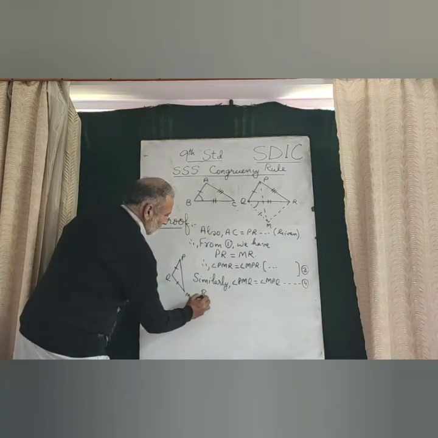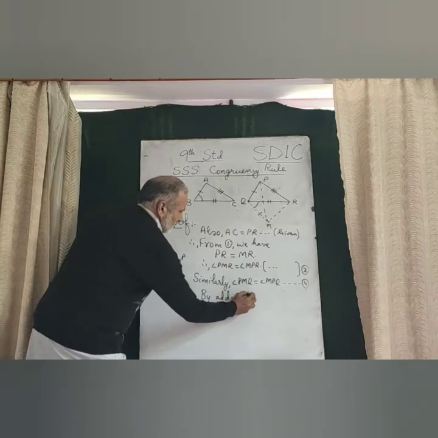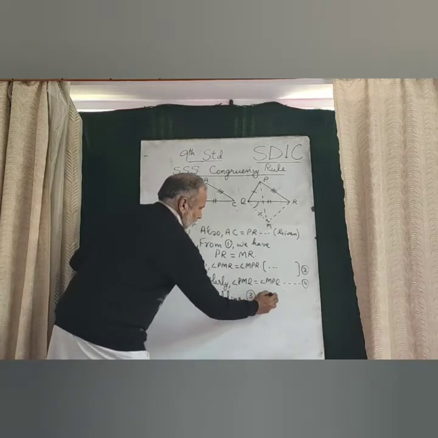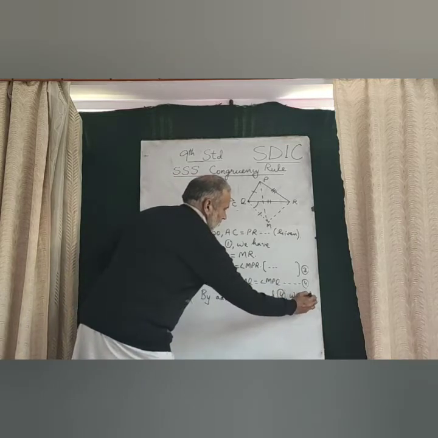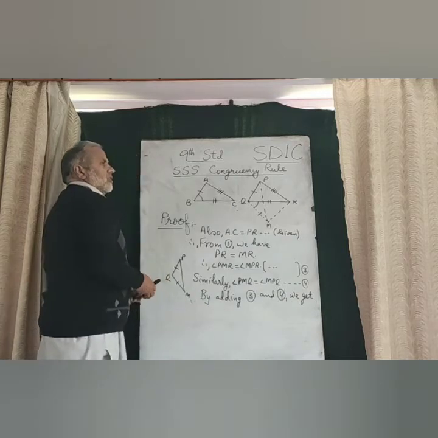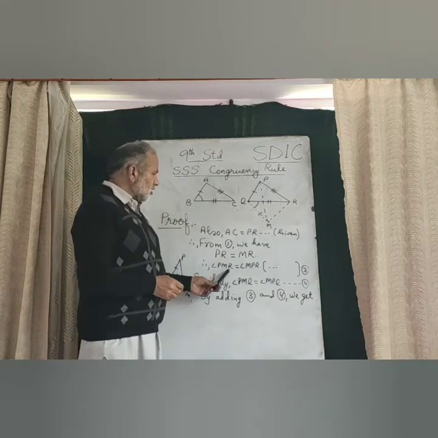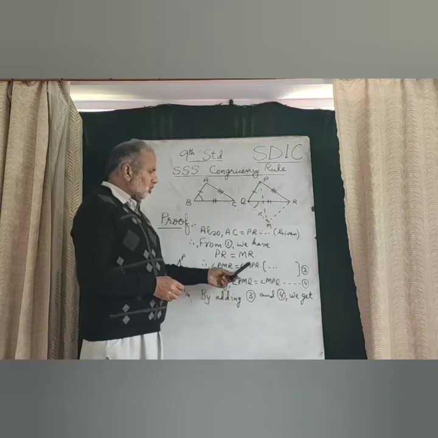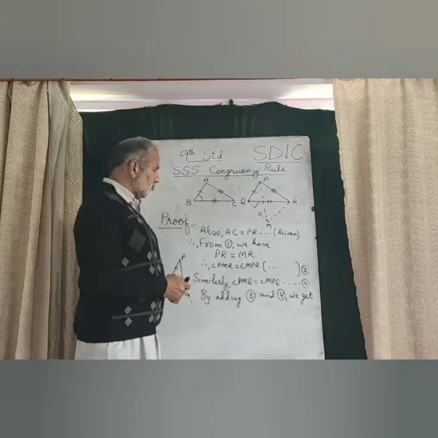By adding, we get. We'll add LHS to LHS, RHS to RHS. Both angles on LHS have the same vertex M. Both angles on the RHS have the same vertex P. We'll add them.